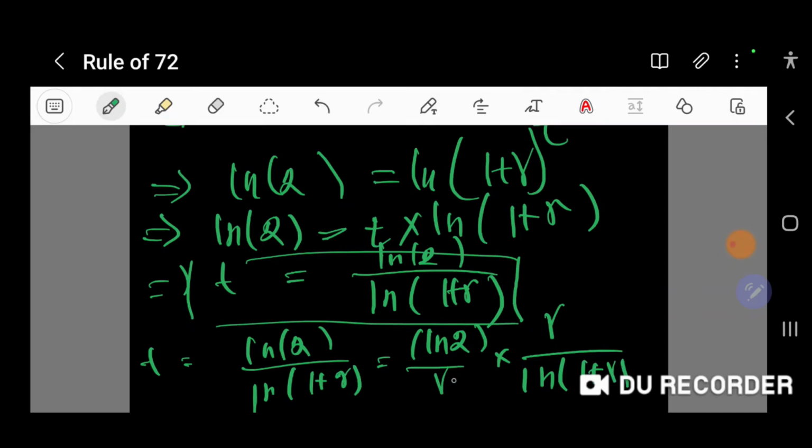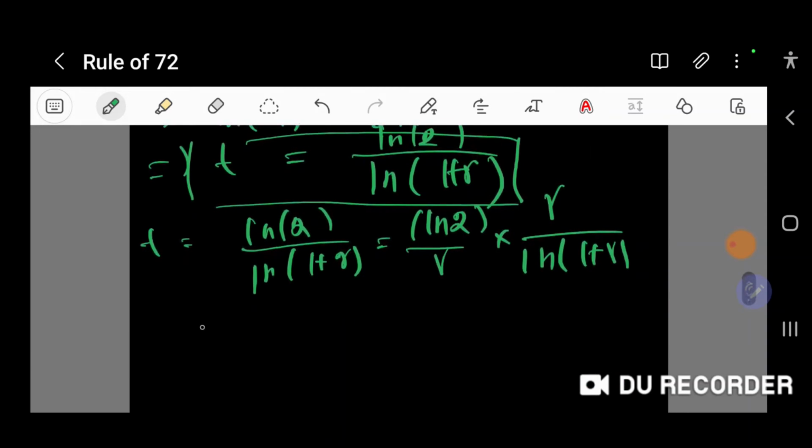We are just dividing by R and multiplying by R. So what really happens in that case is that when R is a small amount, ln of (1 plus R) is approximately, using the Taylor series, equal to R.